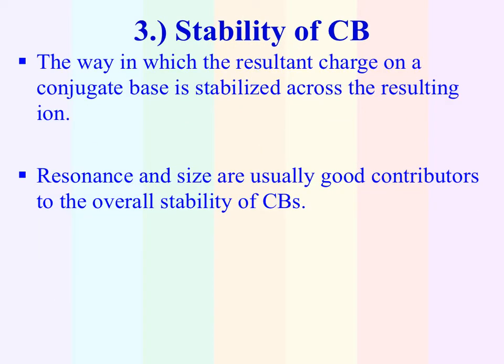Okay, so the third feature we have to look at when considering the strength of an acid is the way in which the charge on the conjugate base is stabilized on the molecule. Whenever we ionize an acid, we have HA going to H+ and some conjugate base.